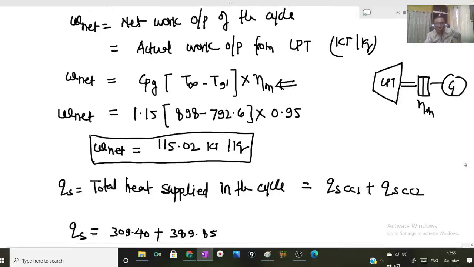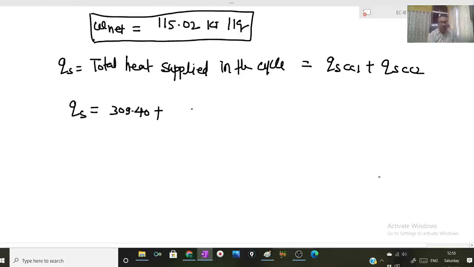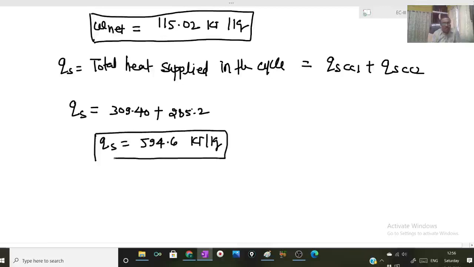So this will be 285.2. So QS will be now 594.6 kilojoule per kg. This is the total heat supplied to the cycle.